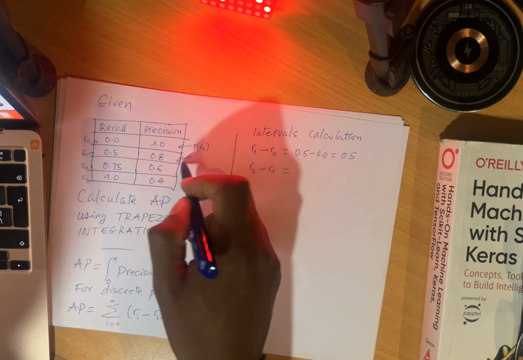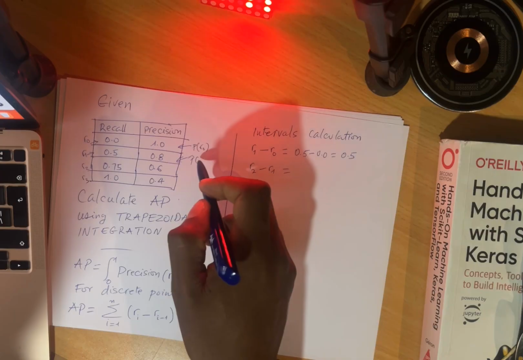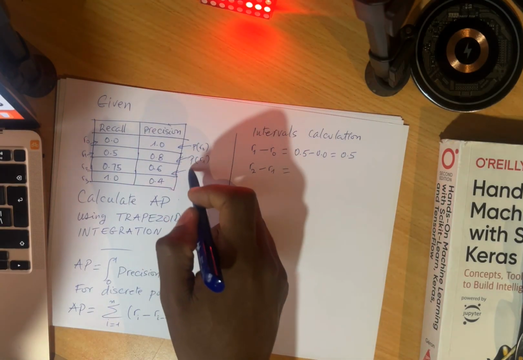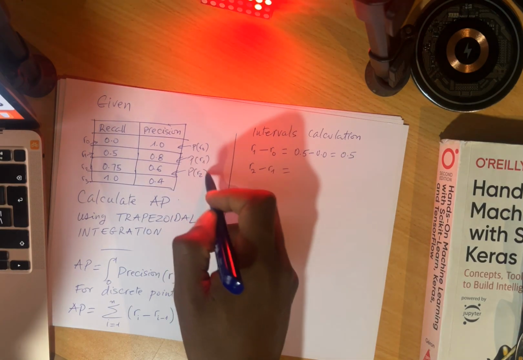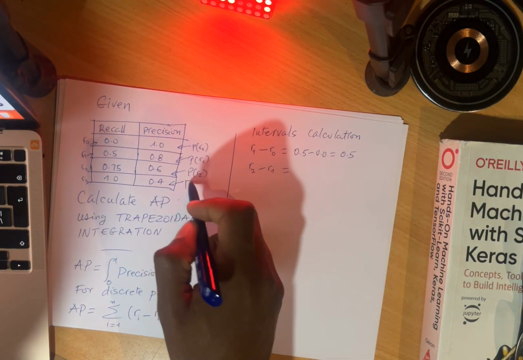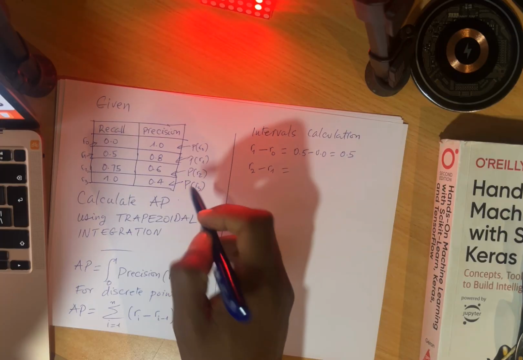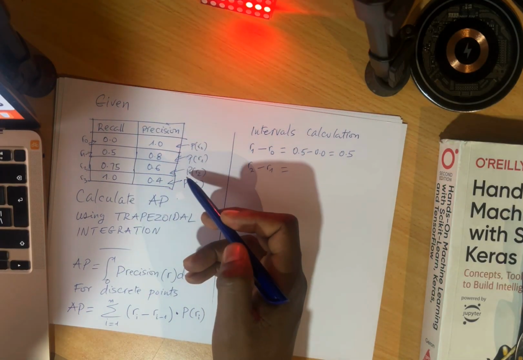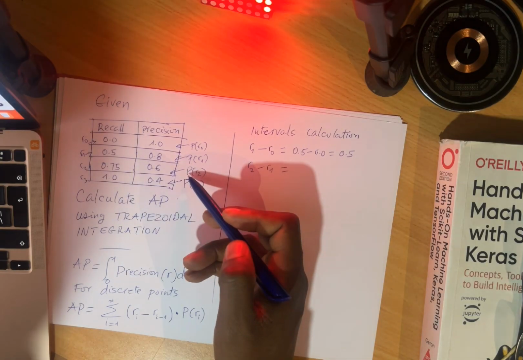This is P for R1. This is P for R2. This is P for R3. Or just P0, P1, P2, P3.